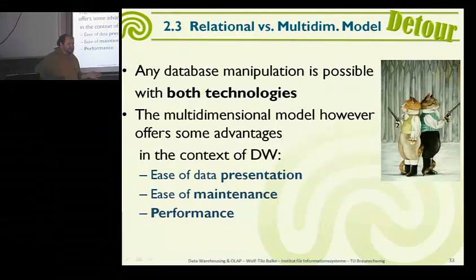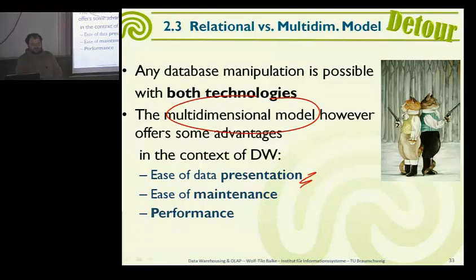On the other hand, updating a database works very quickly on tabular data. Very annoying in multidimensional data where you have to cater for all the aggregates. So it depends. In the context of a data warehouse, the multidimensional model has advantages in presentation, mainly performance, definitely, right?